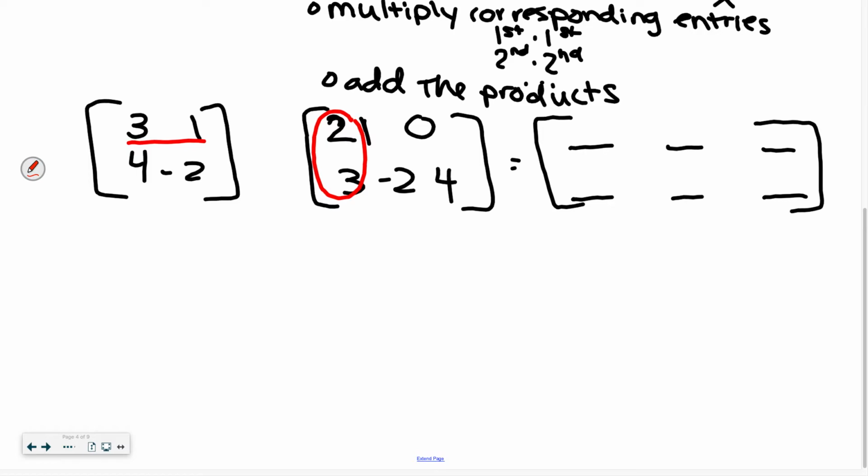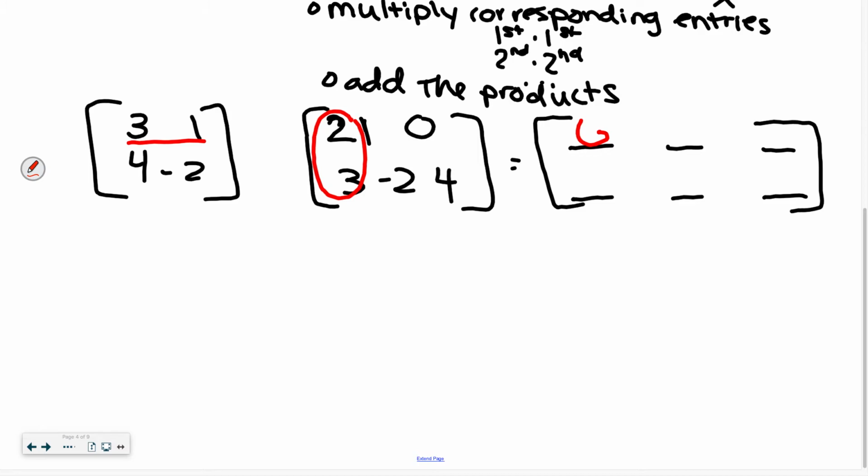So you're taking one thing that's horizontal times one thing that's vertical. Imagine in your mind you're going to turn that 3, 1. So you take 3 times 2, which is 6, plus 1 times 0, which is 0. So 6 plus 0 is 6.